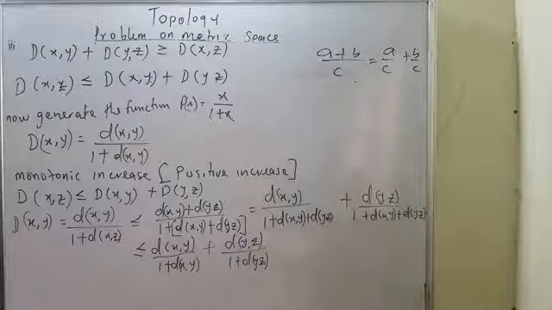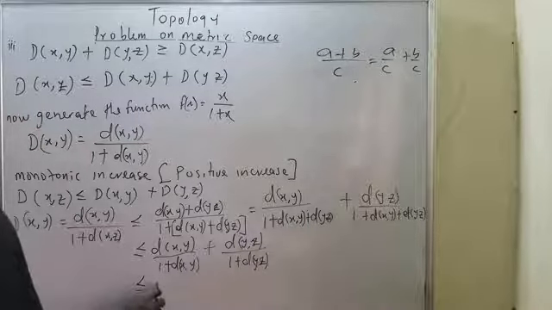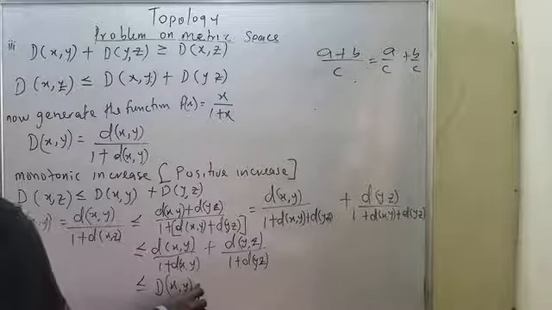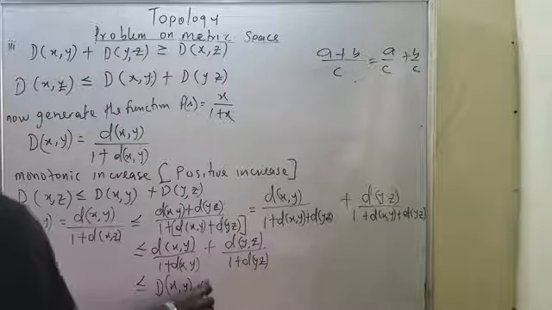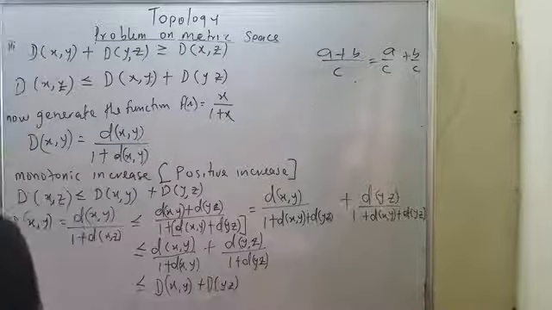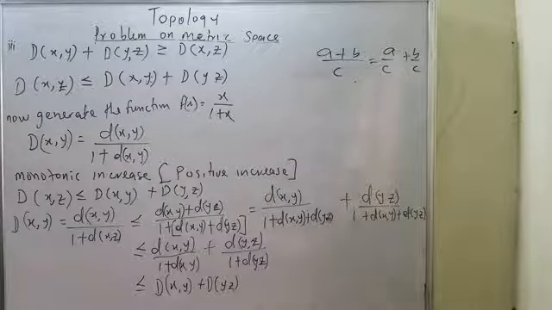Okay. Now the next thing I need to understand is that my d of this will be d of xy plus d of yz with what is on ground now.